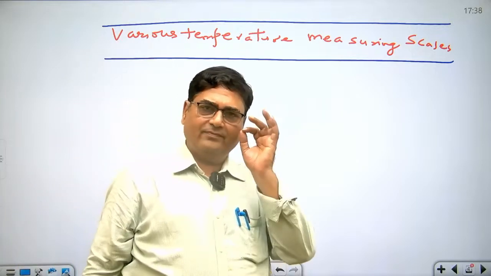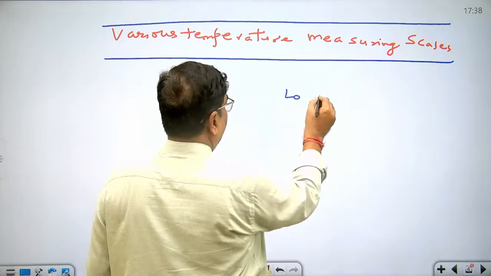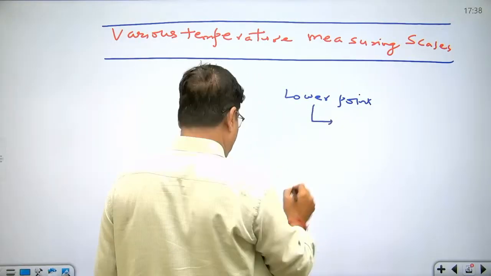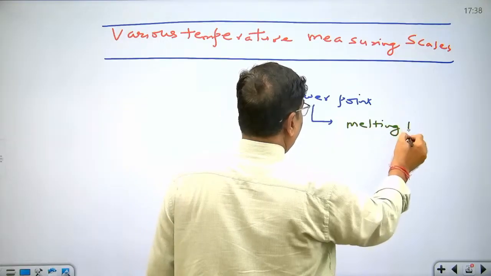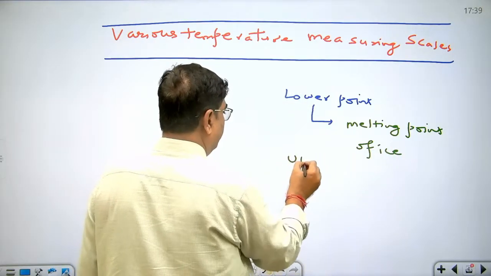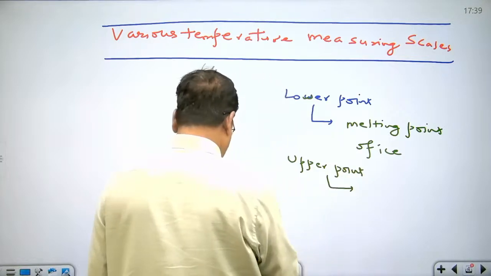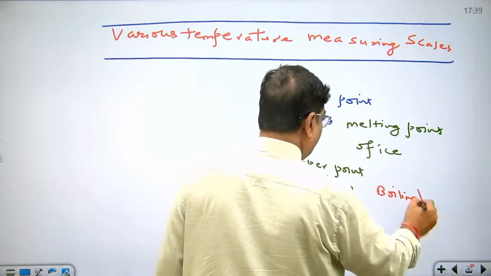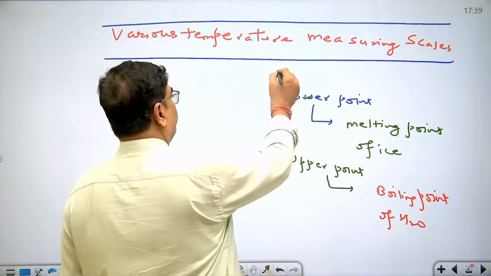The concept behind every temperature measuring scale is that the lower point of every scale is the melting point of ice, and the upper point of every scale is the boiling point of water. And what is the principle?